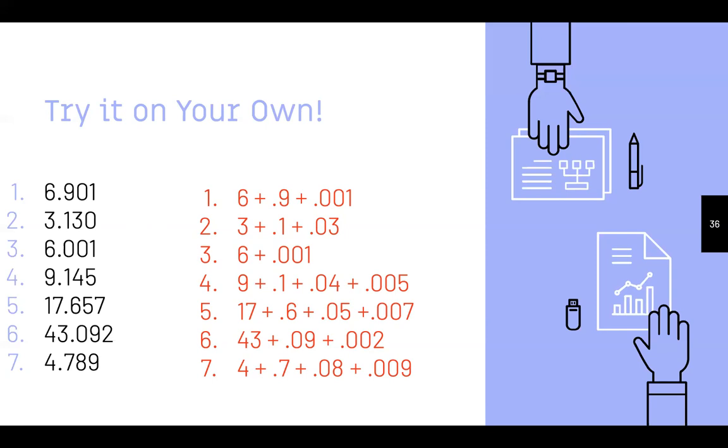Now we have 10th spot 0.6, 100th spot 0.05, 1,000 spot 0.007. For 6, we don't need anything for the 10th spot. We can see that, just add the 0.09, 0.0002. And for the last one, same idea: 0.7, 0.08, 0.009, which is obviously the same as 4.789.